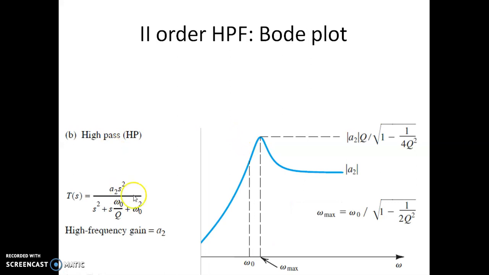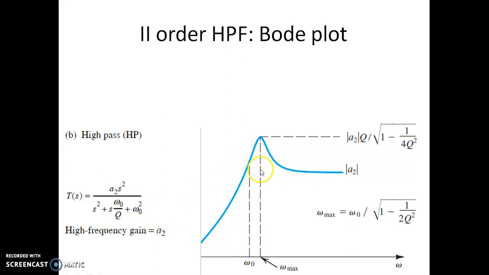Because of this transfer function, we are going to have a Bode plot whose initial slope is plus 40 dB per decade starting from the origin frequency itself, that is starting from DC, and it keeps increasing with a slope of plus 40 dB per decade. Whenever the poles come into the picture, the slope becomes 0.